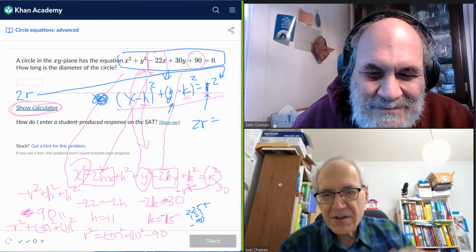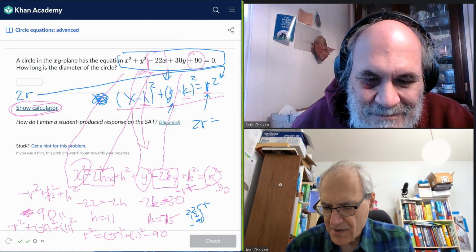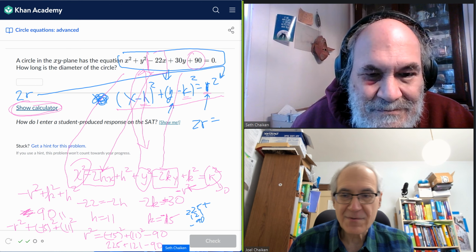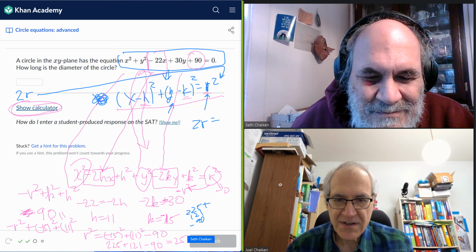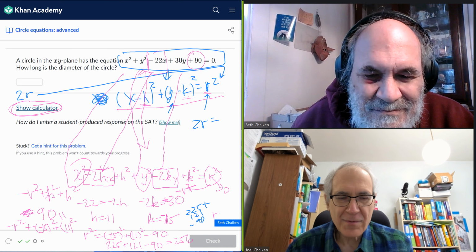So we'll get the calculator. 225 plus 121 minus 90 is 256, which is a perfect square. R squared is 256. So r is 16. And it all works out very nicely.